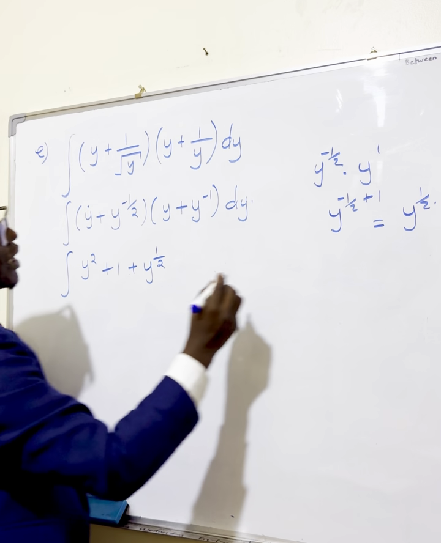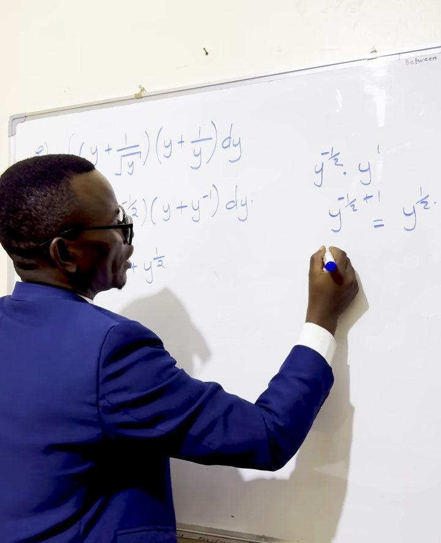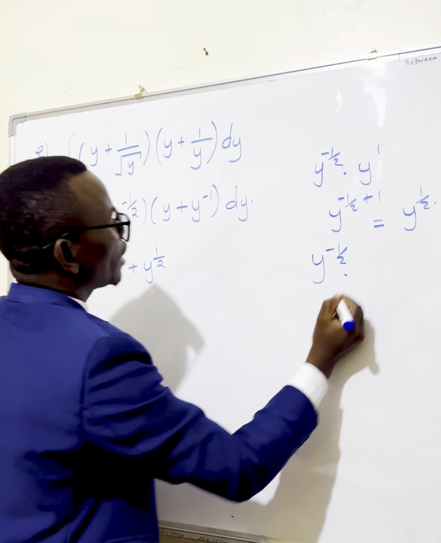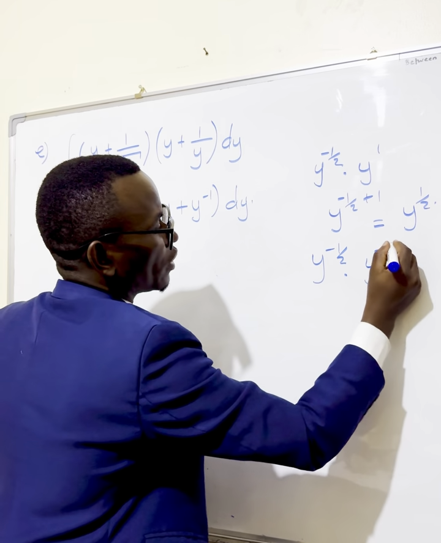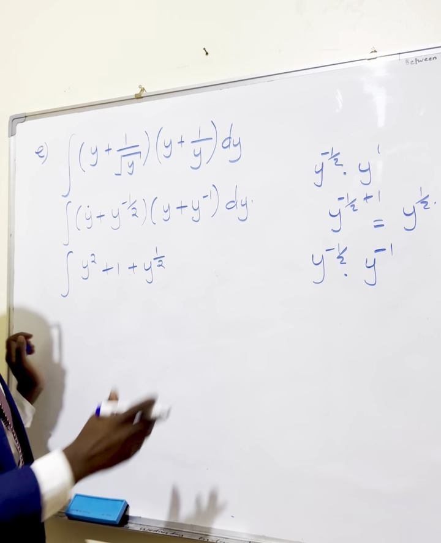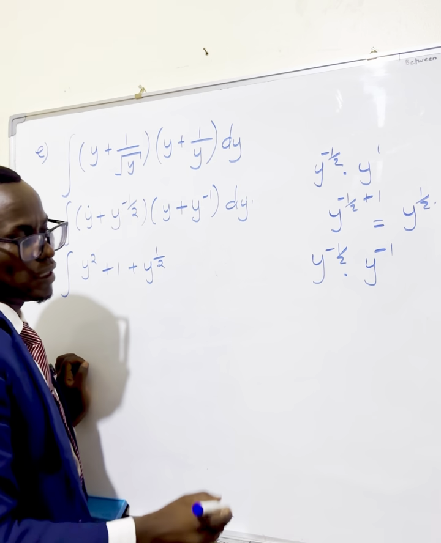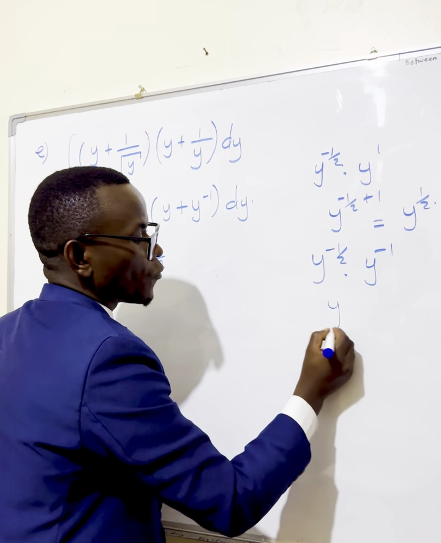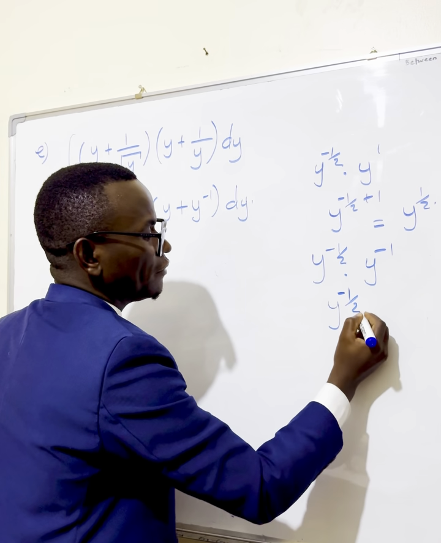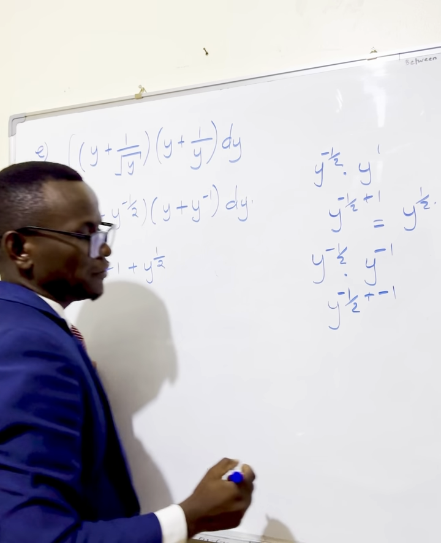Then I'm going to get y to power negative a half multiplied with y to power negative 1. I'm going to use numbers of the same base, then I add the powers. So I'll have y power negative a half, then plus negative 1.